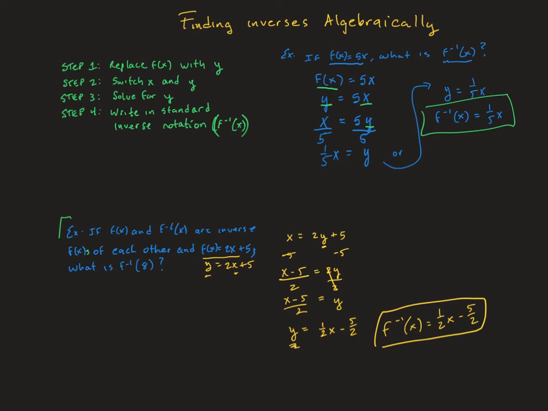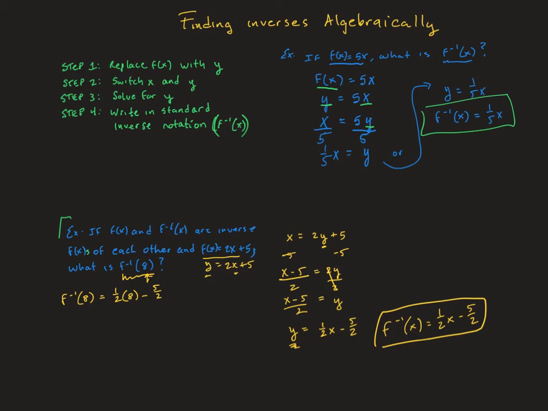Okay, so now what they're asking me to do is, in my inverse function, replace x with 8. So f inverse of 8 is going to be equal to 1/2 times 8 minus 5/2, right?